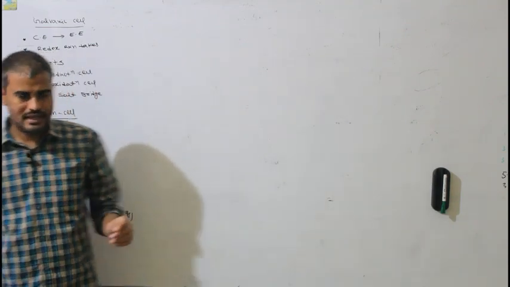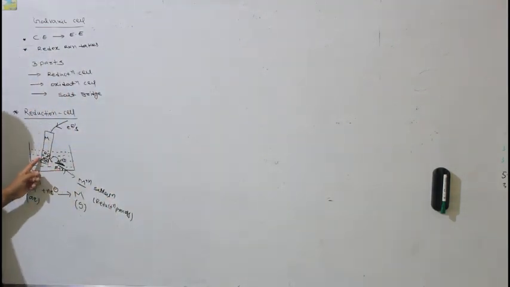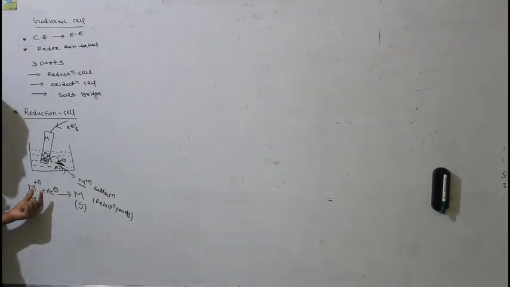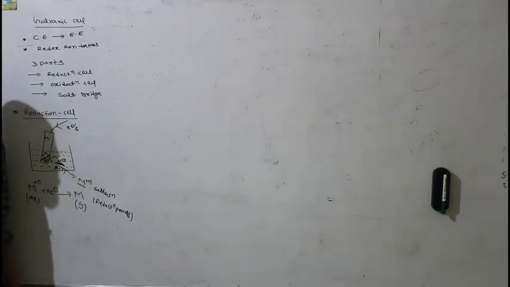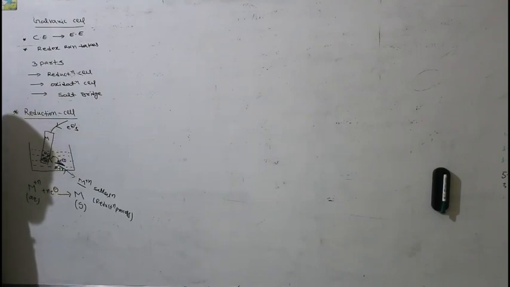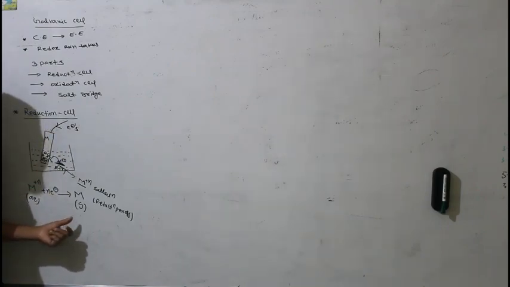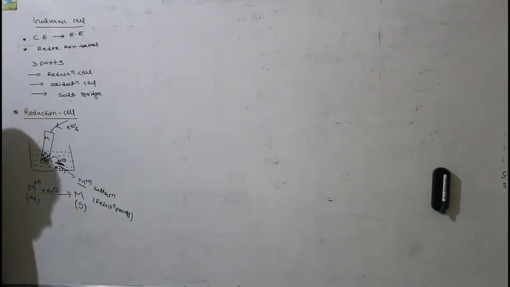So when the ion goes towards the electrode and transfers the electron, some potential will be created between them. That is called electrode potential. But here the electrode is undergoing reduction, so we will call it a reduction potential.